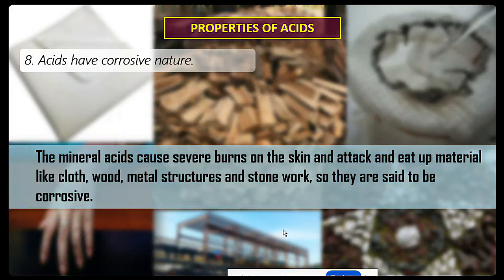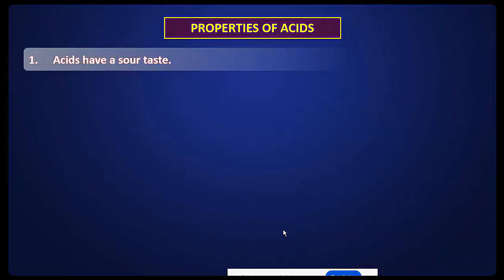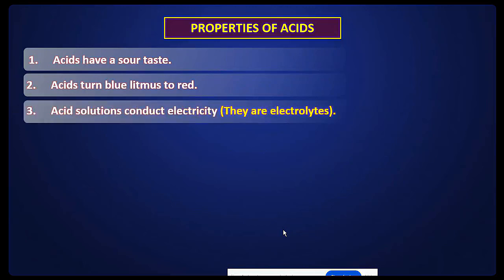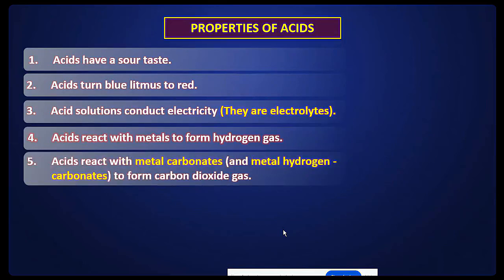So how many properties of acids are over now? 8 properties. What are those? Let me recall these all. First property of acid is acids have a sour taste. Acids turn blue litmus to red litmus. Acid solutions conduct electricity. Acid reacts with metals to form hydrogen gas. Acid reacts with metal carbonate and metal hydrogen carbonate to form carbon dioxide.